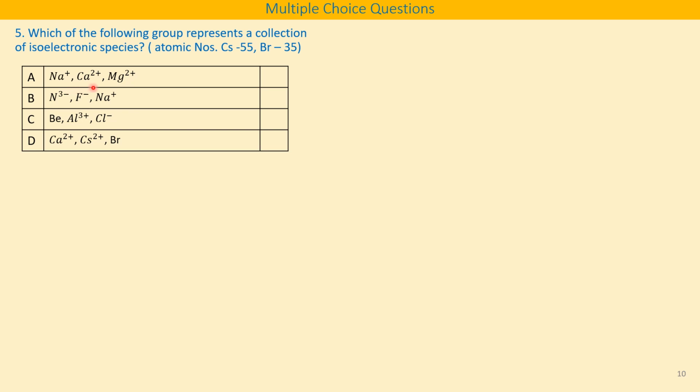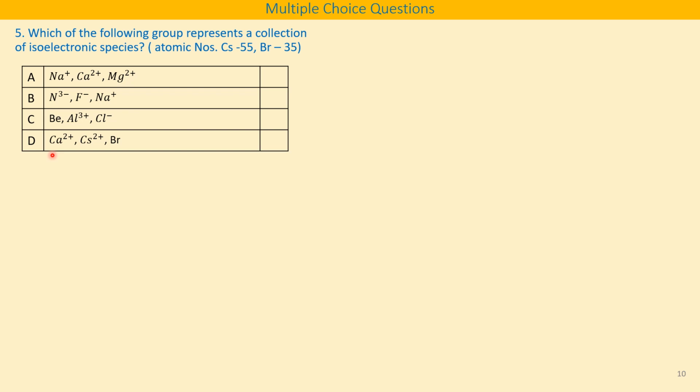Option A, Na plus, Ca2 plus and Mg2 plus. Option B, N3 minus, F minus, Na plus. Option C, Be, Al3 plus, Cl minus. Option D, Ca2 plus, Cs2 plus and Br.